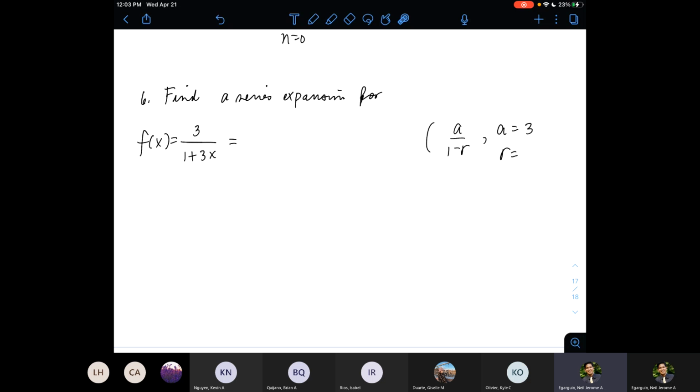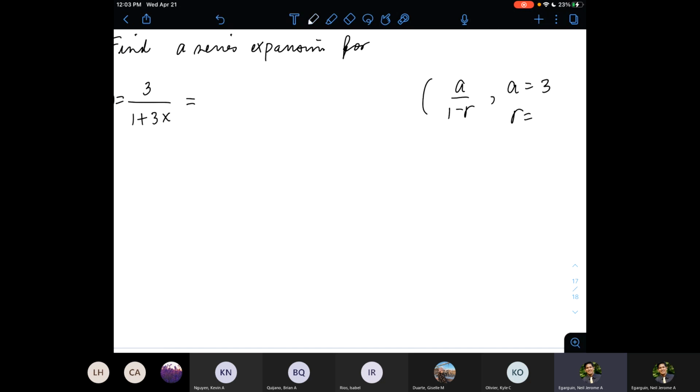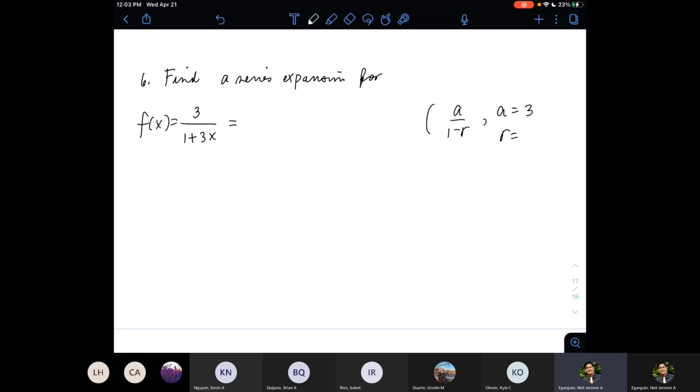Remember, we are required to have a 1 followed by a minus sign, then the common ratio r. So what I'll do is write it as 3 over 1 minus negative 3x, right? When you simplify the denominator, you'll get this back, right? But I prefer using this form because that's what the formula calls for. I need to have an a over 1 minus r. So in this case, I can see r to be equal to negative 3x, right?